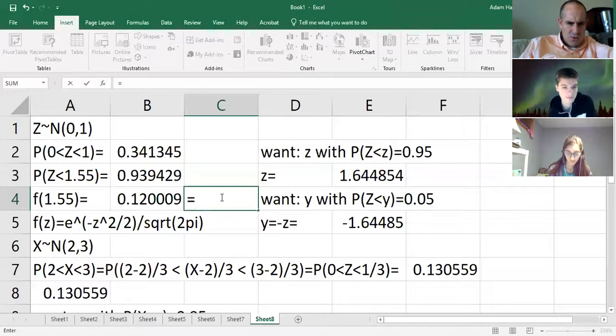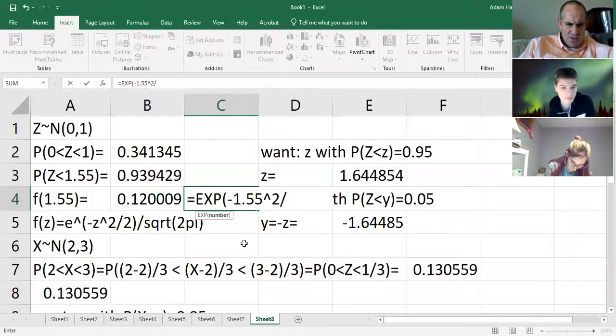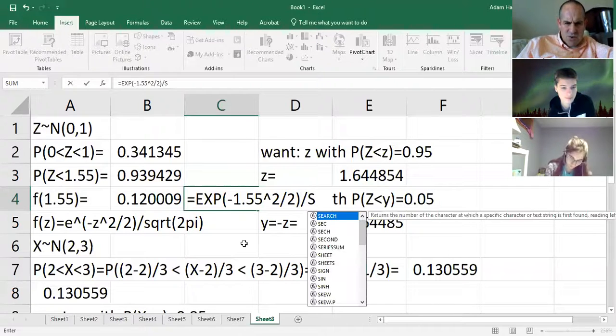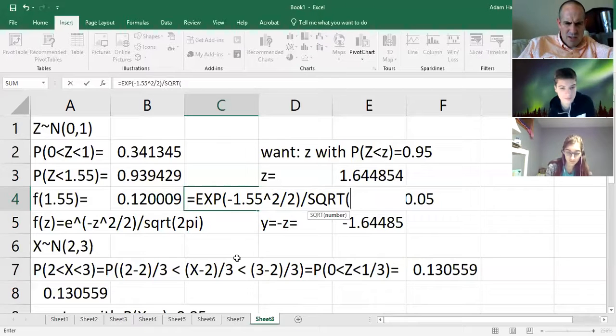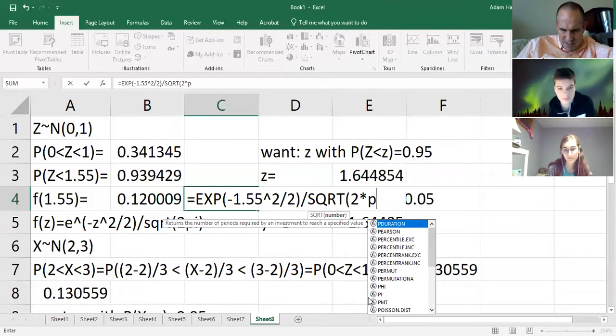So this is exponential of what am I squaring here? 1.55. So it's negative 1.55 squared divided by 2, all divided by the square root of 2, and now I need pi. Is there a pi? Here it is.